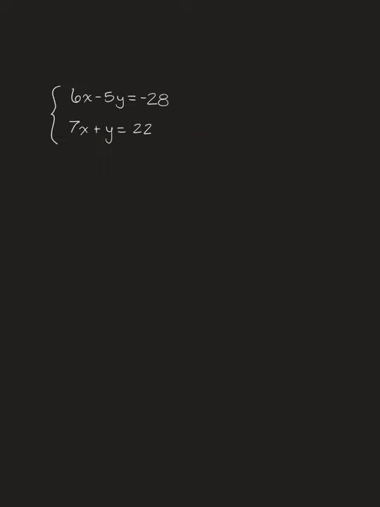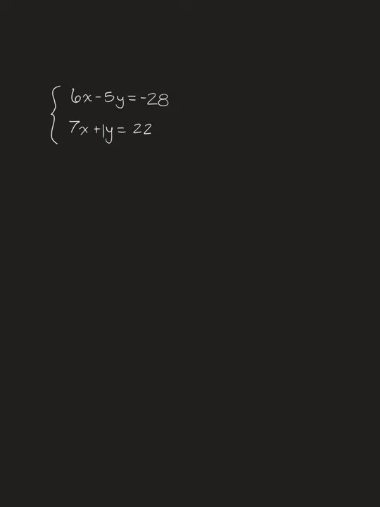In this example, sometimes it's not always apparent which variable we need to solve for. So we have 6x minus 5y is equal to negative 28, and 7x plus y is equal to 22. So I don't have a variable isolated just yet. But if you look at the second equation, y has a coefficient of 1.